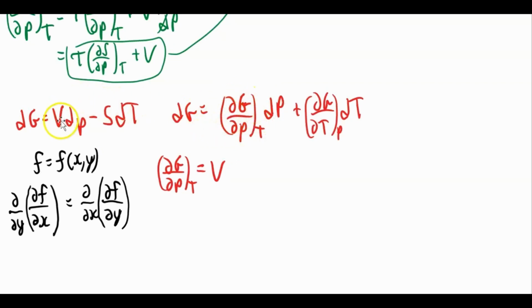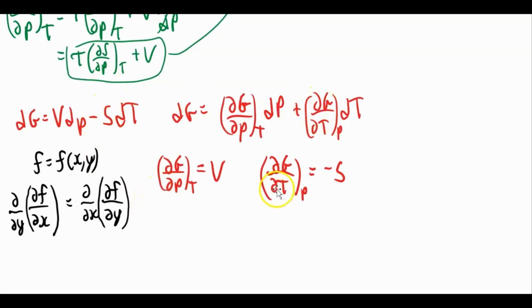So this is equal to this. And then similarly, this partial derivative has to be equal to negative S. So partial G over partial T, holding pressure constant, has to equal negative S. So this instant rate of change has to be equal to this here.